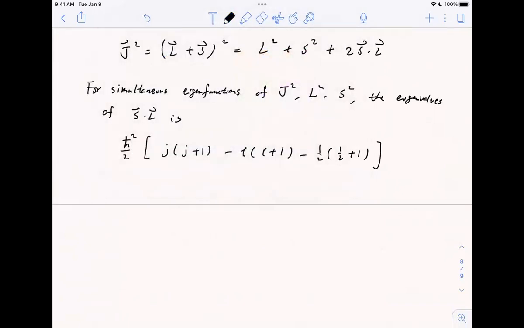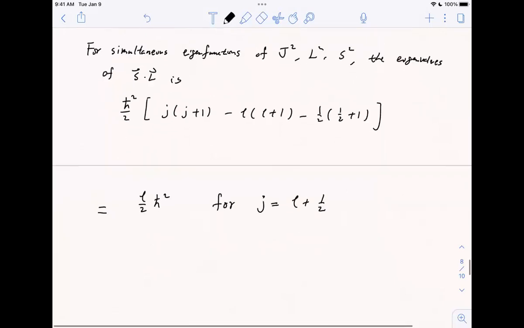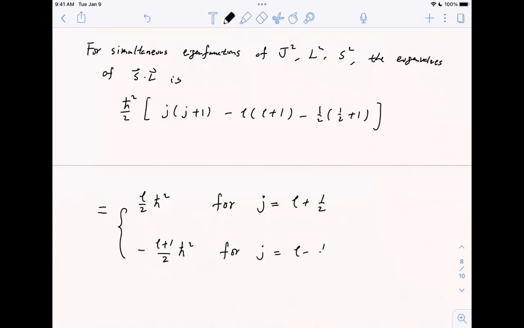And this equals L over 2 h bar square for J equal to L plus 1/2, and negative L plus 1 over 2 h bar for J equal to L minus 1/2.